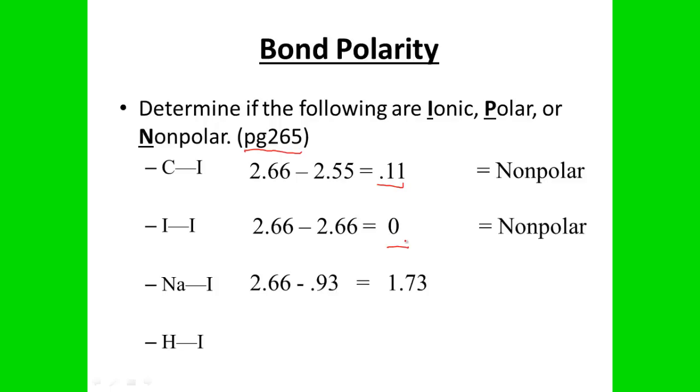Sodium and iodine, 2.66 minus 0.93, give us a 1.7. That would be an ionic bond, where the electron would be around iodine, making that plus minus type bond. And finally, hydrogen and iodine, 2.66 minus 2.20 gives us 0.46, which would be a polar bond.